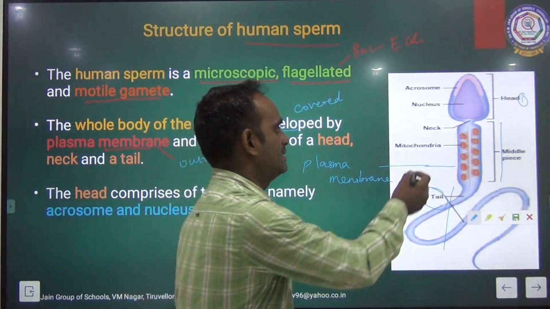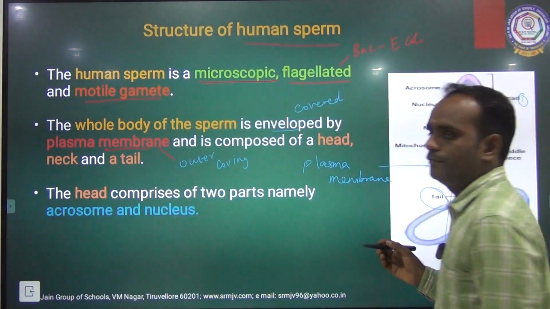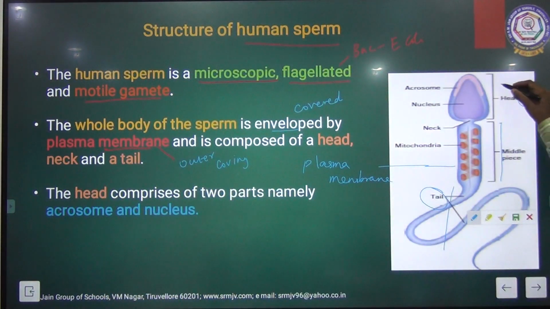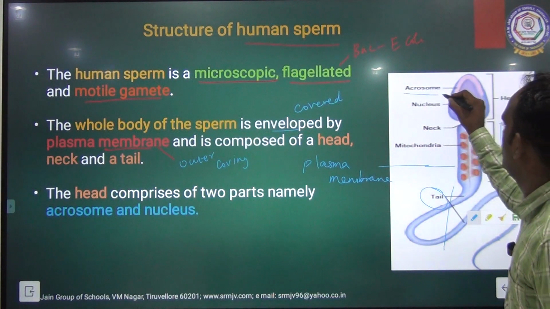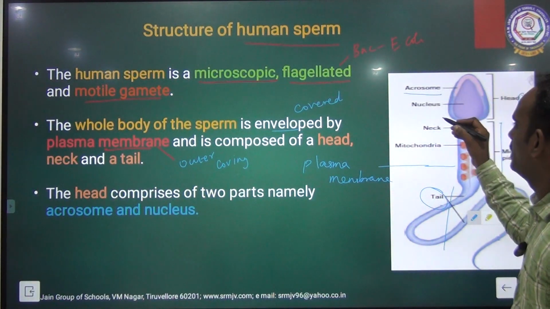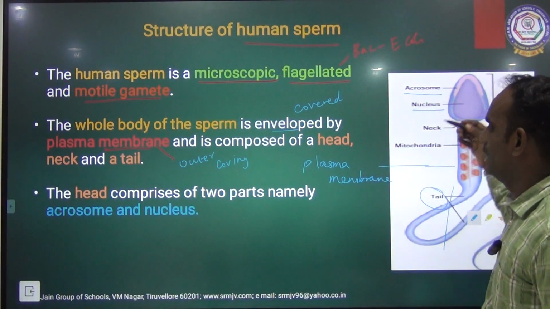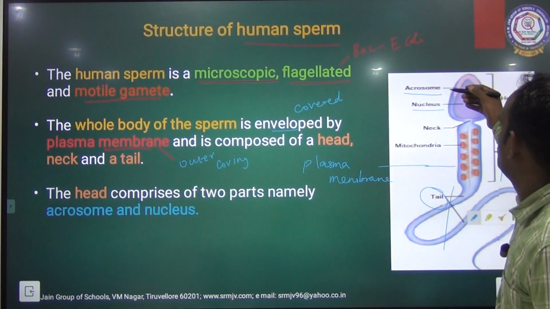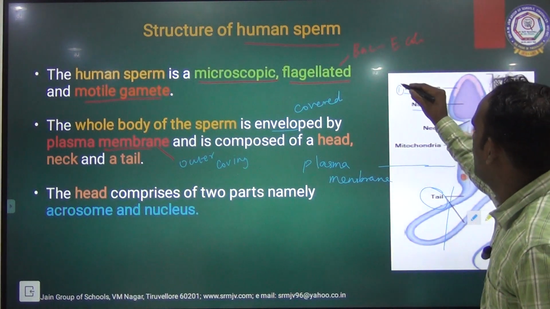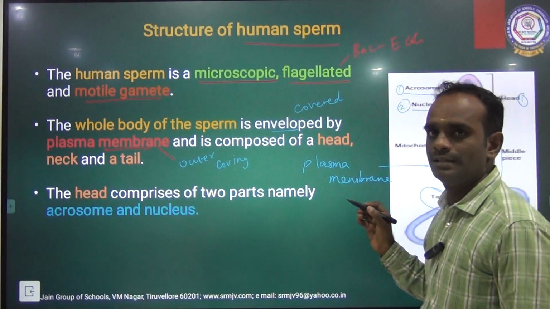Clear? Next, the head comprises two parts, one called acrosome and another called nucleus. Clear?